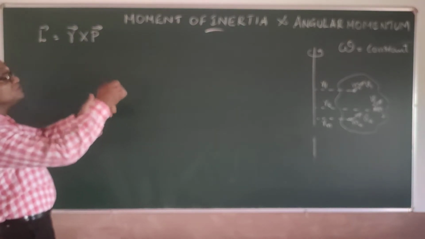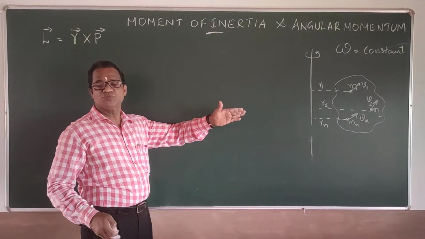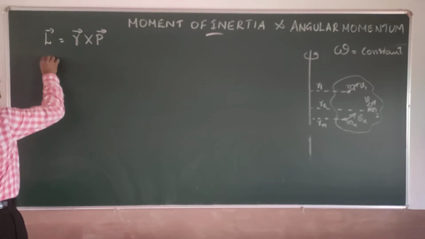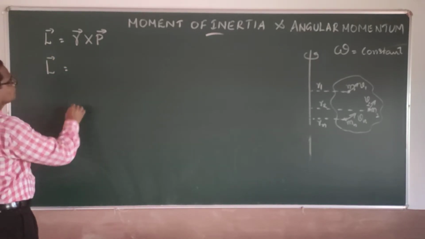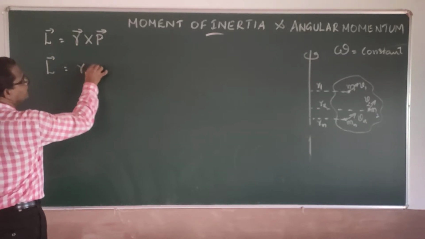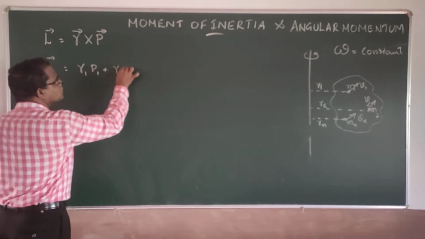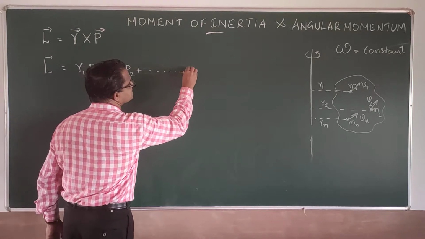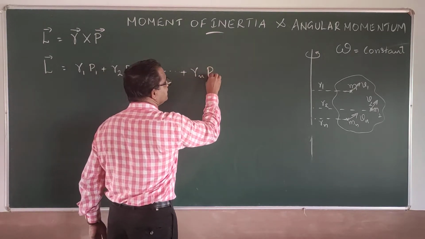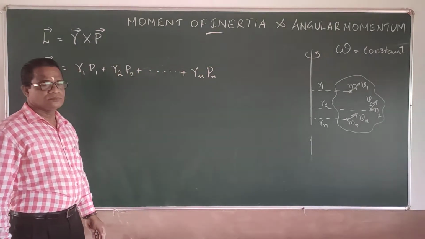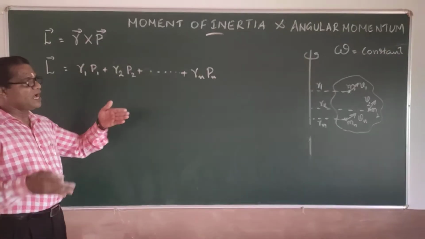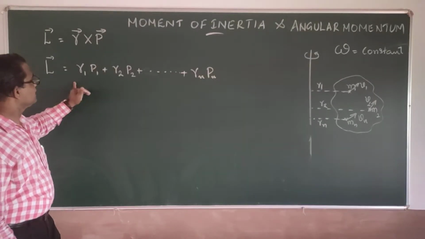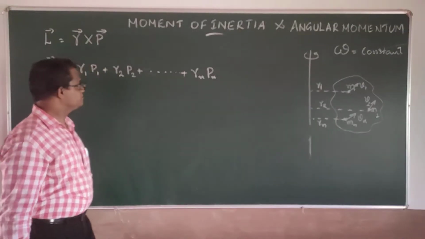If I use this formula for this rigid body with n mass particles, L equals R1 P1 plus R2 P2 plus etc. plus Rn Pn. It is a cross product, but R and P are perpendicular to each other, so I can write this as a simple sum like this.